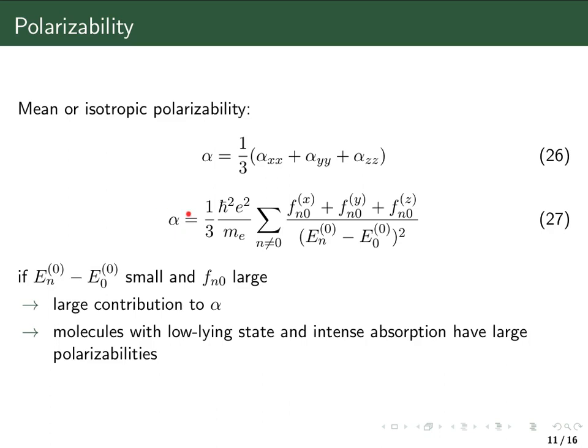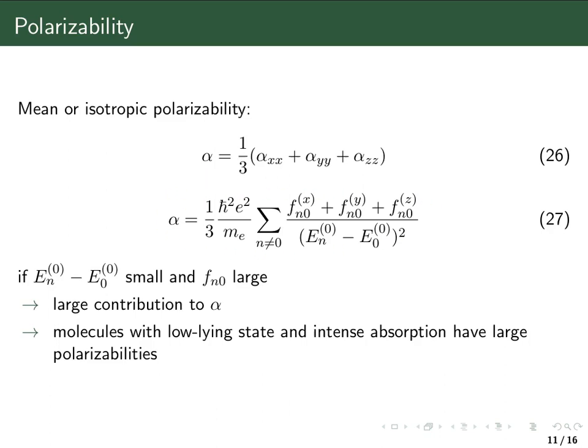And I've written here what is called the mean or isotropic polarizability, which is the average of the 3 diagonal components, xx plus yy plus zz.